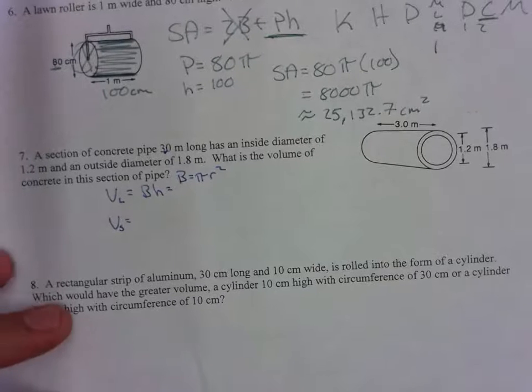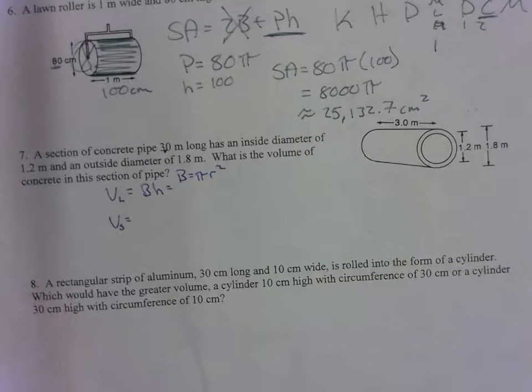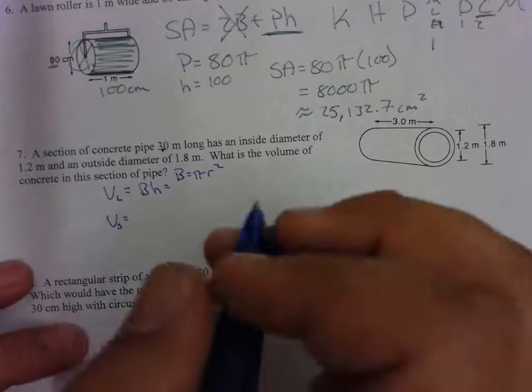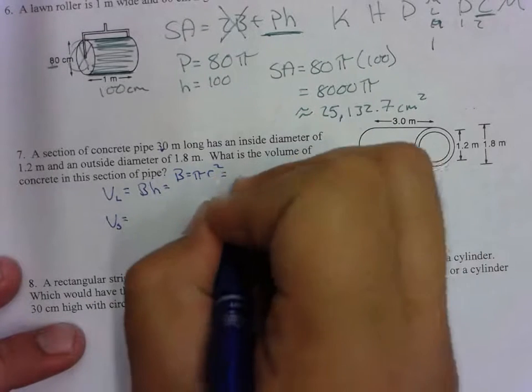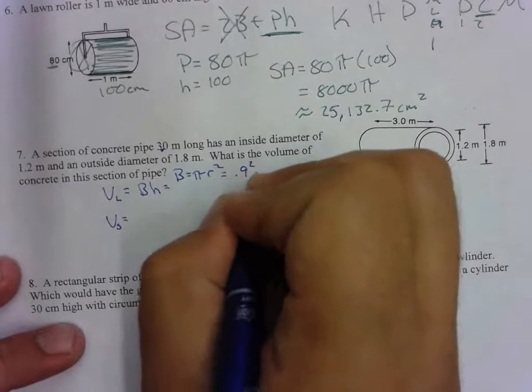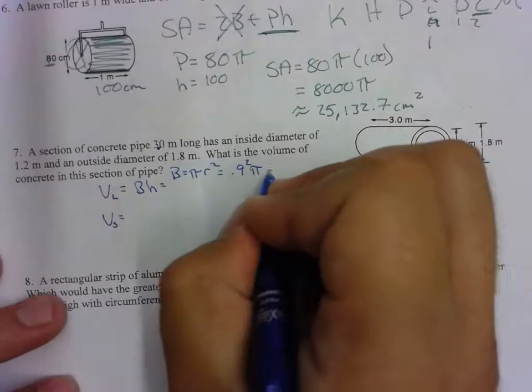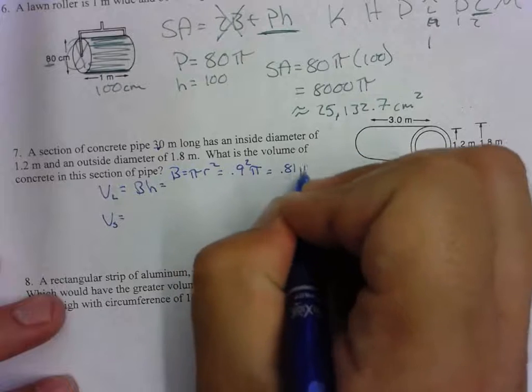What is the radius of the large cylinder? What's the diameter? The radius is 0.9, so it's 0.9 squared times pi. What is 0.9 squared? That is 0.81 pi.